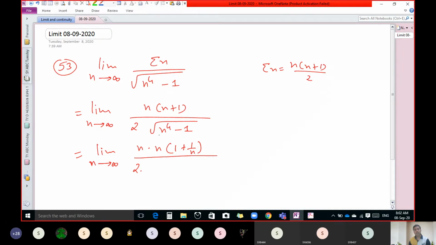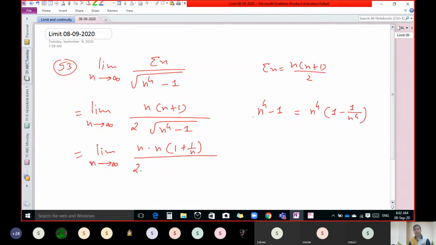Forget this root sign. It is n raised to 4 minus 1. So take n raised to 4 common. If we take n raised to 4 common, it means we have to divide each term by n raised to 4. So n raised to 4 upon n raised to 4 is 1, minus 1 upon n raised to 4.